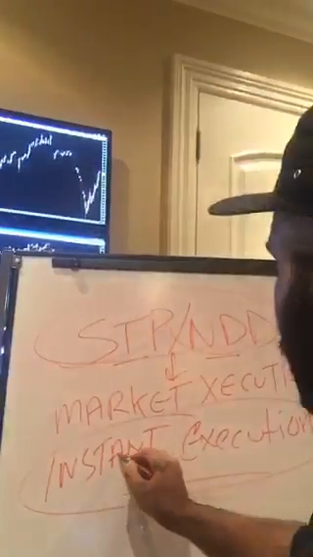With instant execution, which is what all the market makers use, and the bad brokers who are B-booking you, and I'm going to teach you what an A-book, B-book, and C-book means, every single trade you make is going to get executed. Doesn't matter if the price is there, if the price is not there, if there's liquidity, if there's no liquidity, they're going to let you open the trade at any price point you ask for.